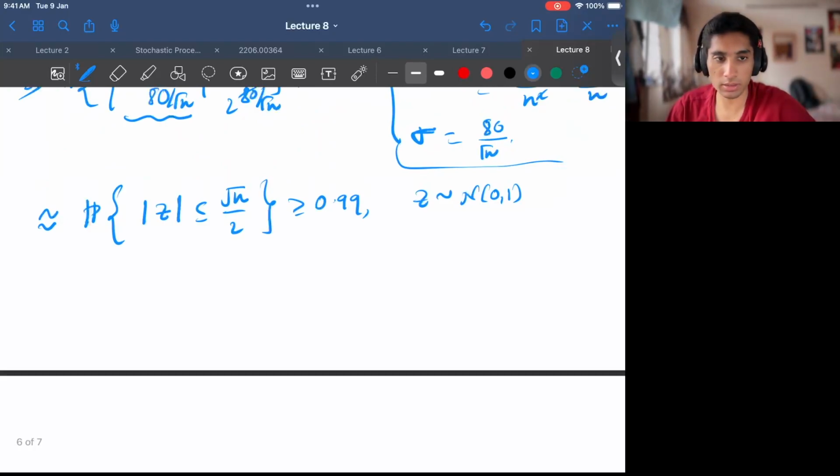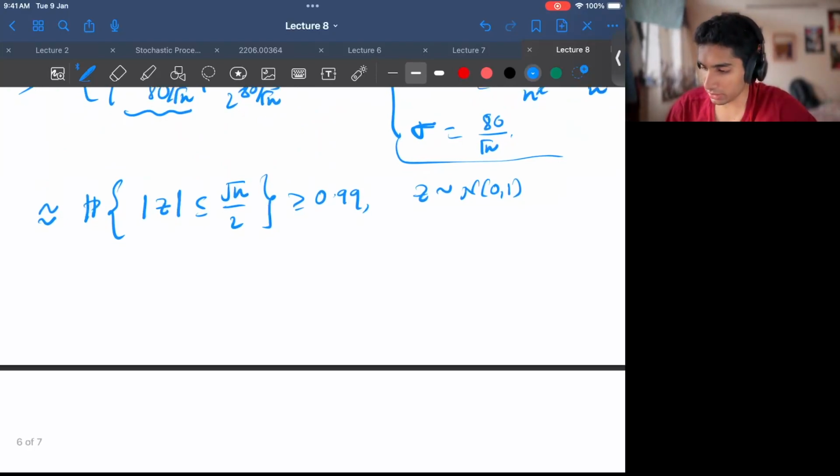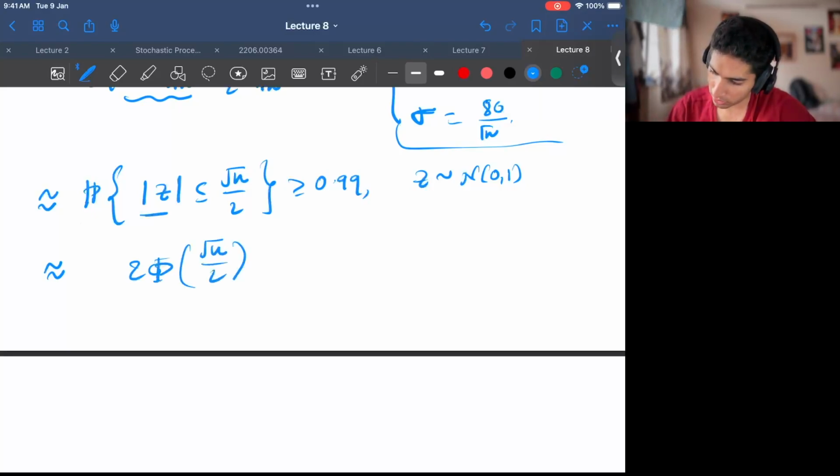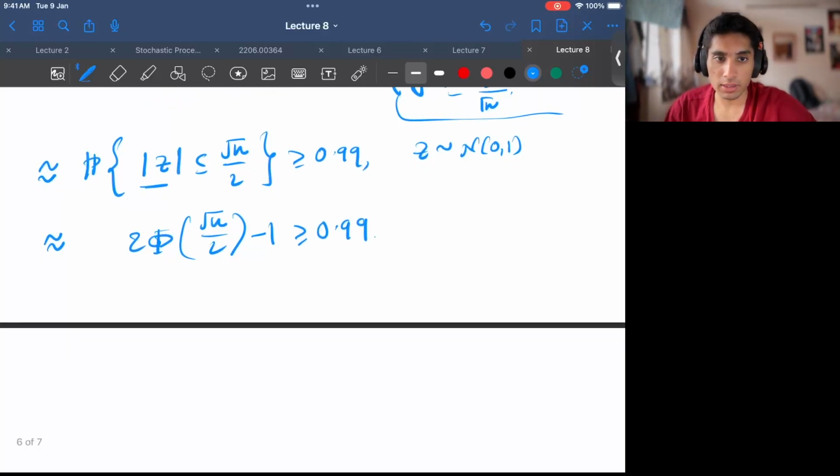Now you can use your table, the standard normal Gaussian integral table. And since this is mod, this will become 2 times phi of root n by 2, minus 1, because the middle area has to go, greater than equal to 0.99.